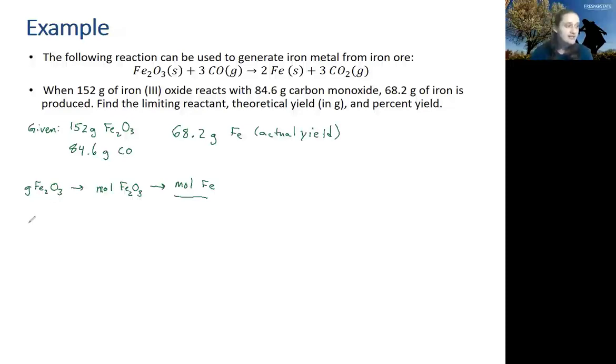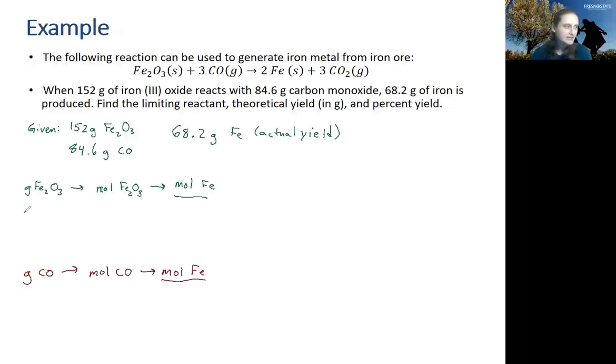For the carbon monoxide, I would also start with grams, because that's what I was given in the problem. I would need to convert to moles, and from there, I can determine the number of moles of iron using the stoichiometric relations given in the chemical equation. Once I've determined the number of moles of iron that can be made from each of my starting materials, I'll know which is the limiting reactant, and therefore the theoretical yield.